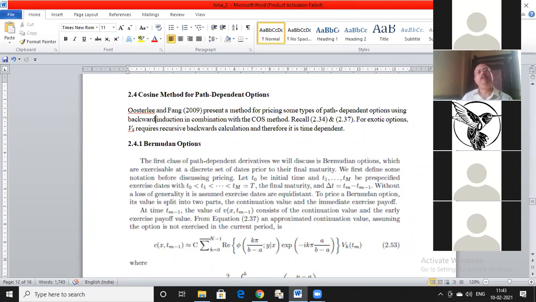But now suppose I give you an American option. That's our first example of a path-dependent option with multiple decision nodes. In fact, theoretically, for an American option, there are infinitely many decision nodes because you can exercise it at any point of time before capital T if you want.